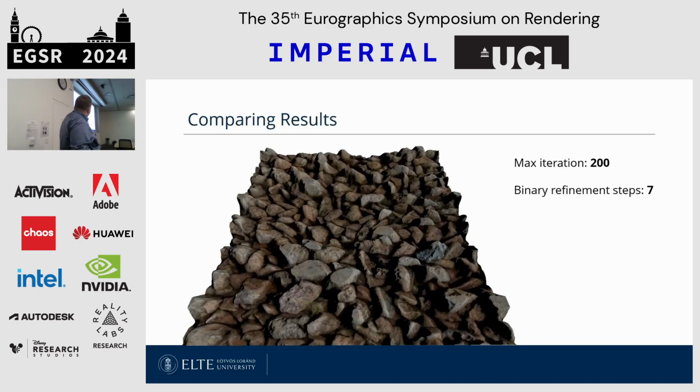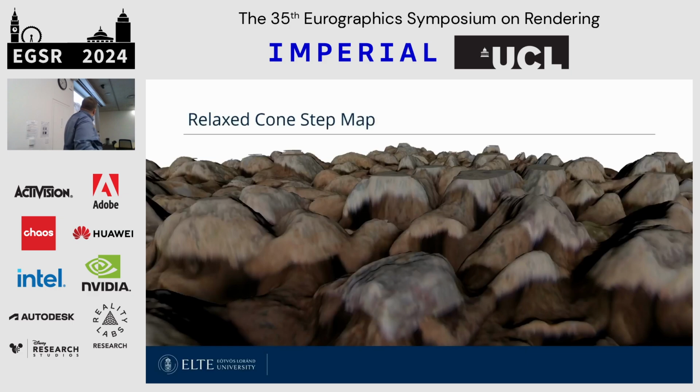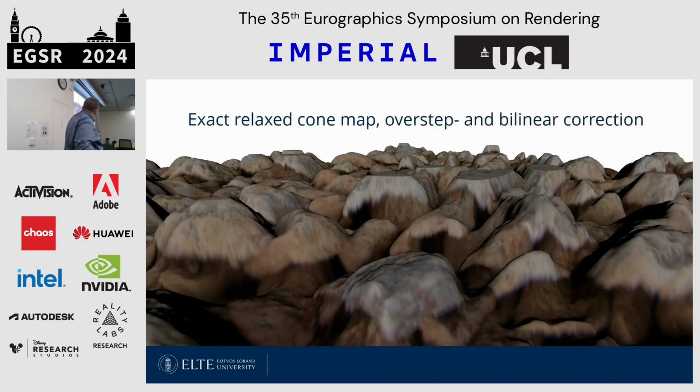Another example is a little bit more practical one. Again, the iteration and refinement steps are the same. What we see here with the relaxed cone step map, well, it also looks nice at first glance, but on the top left side we see some floating objects, and it will be visible when we use our correction and cone map generation technique.